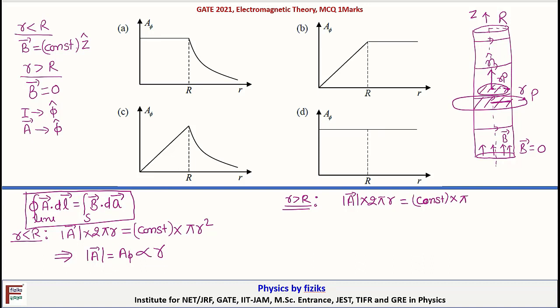So we write it here as pi capital R square. So this gives mod A, that is again the A phi component, inversely proportional to r. So inside it is proportional to r, outside it is inversely proportional to r. If you verify the options, you can see in option C, it is proportional to r inside and outside it is inversely proportional to r. So option C is correct.